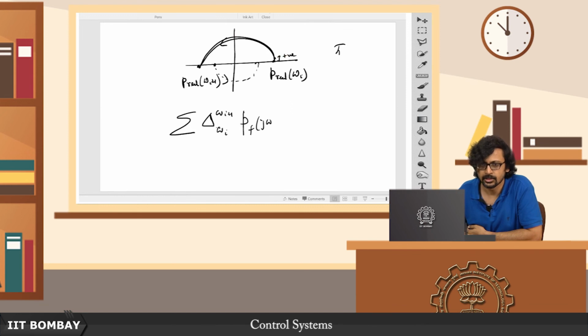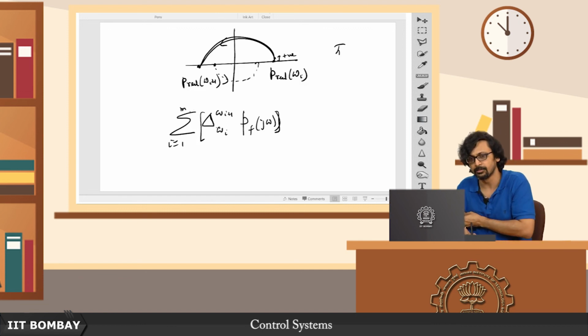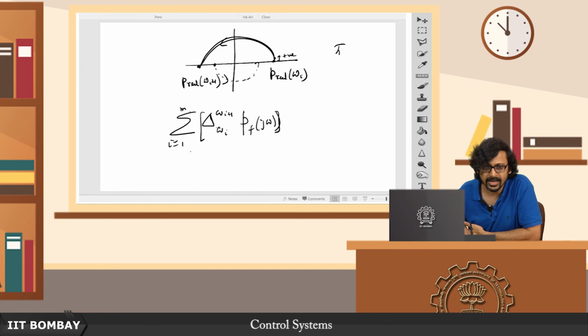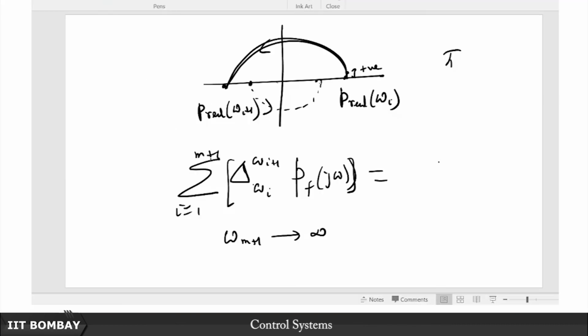So this is the sum that they are interested in, where I goes from 1 to as many roots as there are with odd multiplicity of the even part. And then finally you assign omega m plus 1 to infinity. That is how you go about it. And this will actually tell you the net phase change, which is nothing but the net phase change from 0 to infinity of p f j omega.